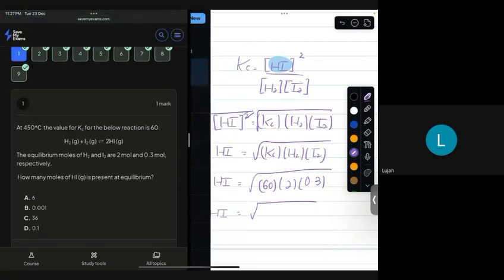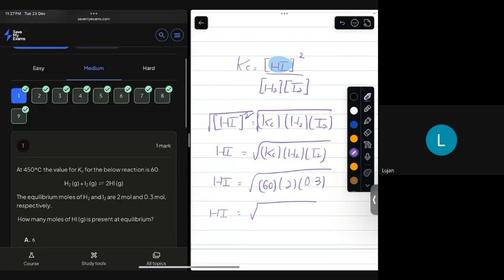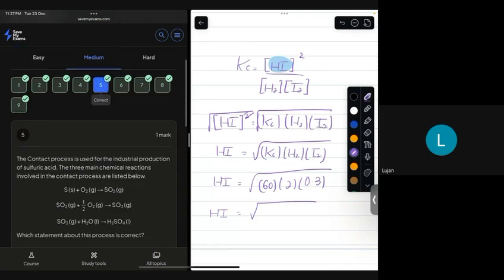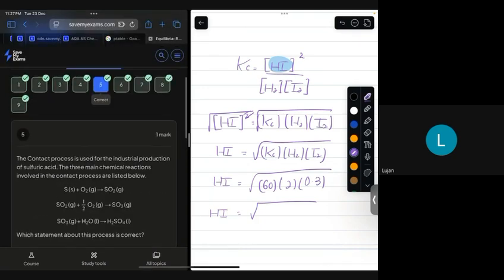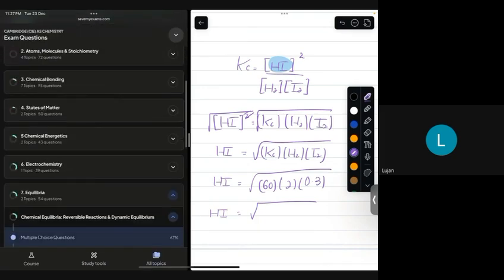Now, do you want to practice one ICE model question? I'll try one, Miss. You'll try another one? Okay, let me just open up the structured questions for this then.